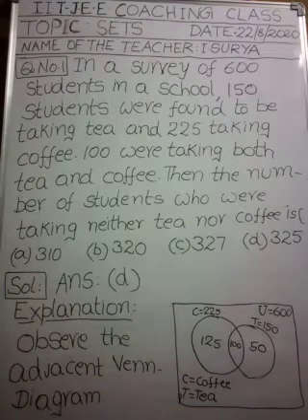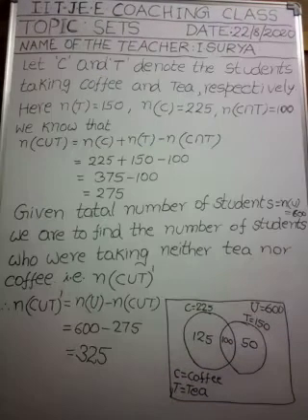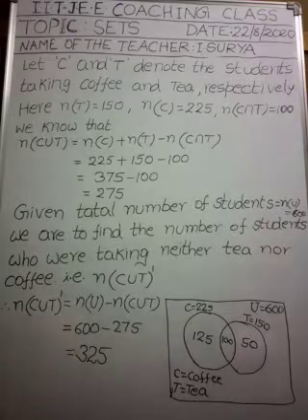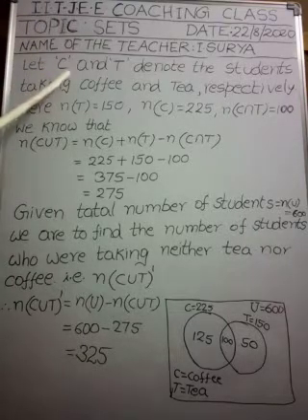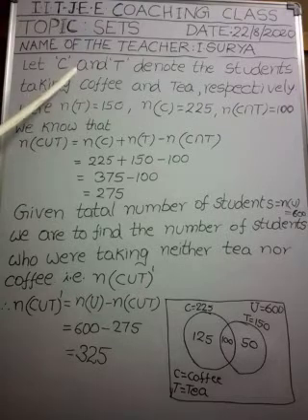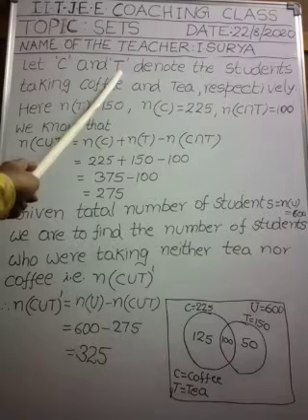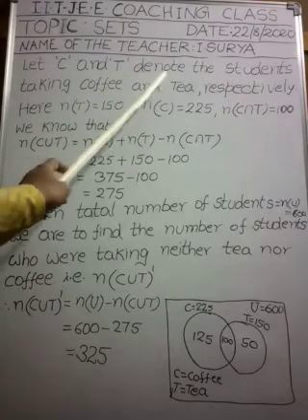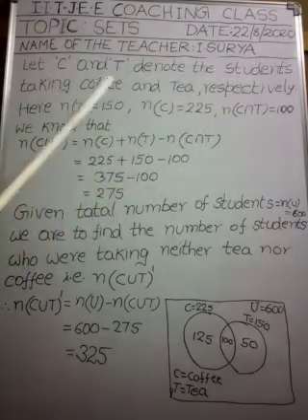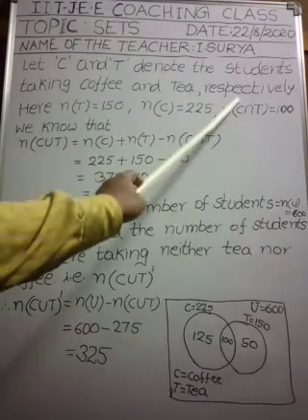Right. Now, let us assume that letter C denotes students who are taking coffee and T denotes the students who are taking tea.